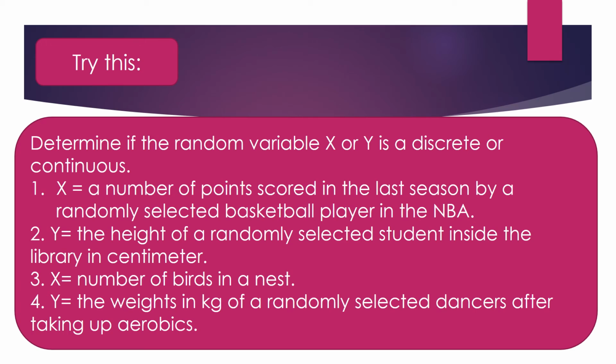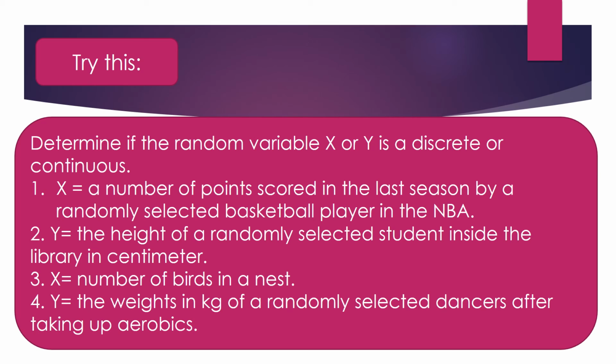Now, the height of a randomly selected student inside the library in centimeters. It is a continuous random variable because it is a measurement. Next, the number of birds in a nest. Very good, it is a discrete random variable.